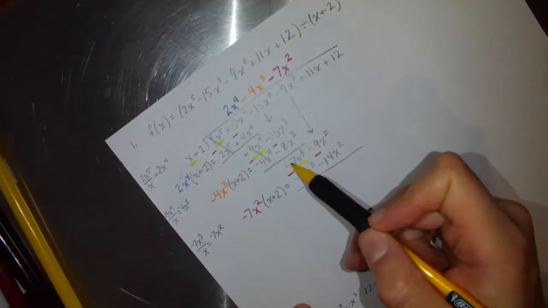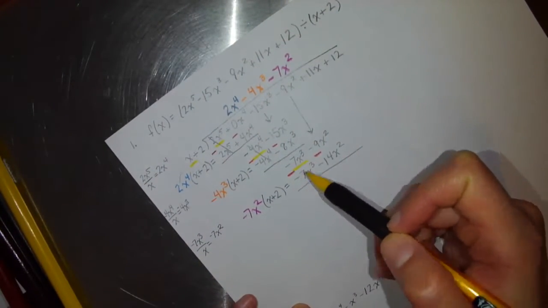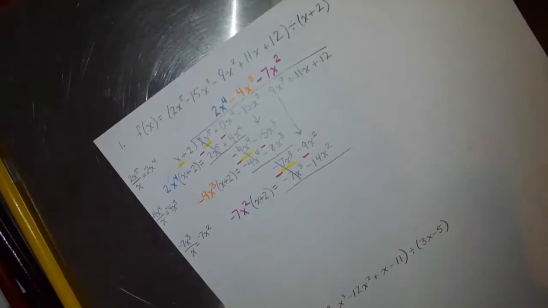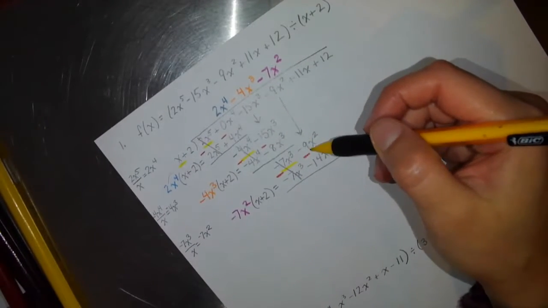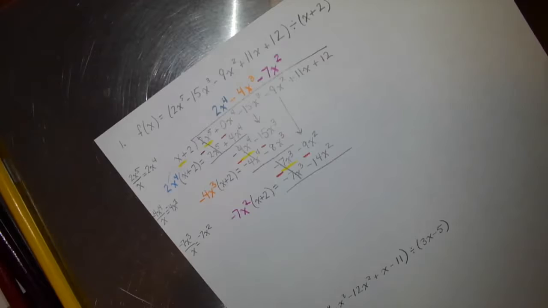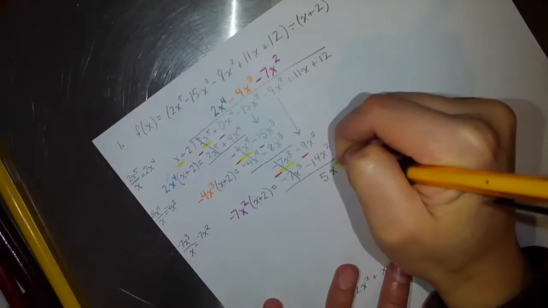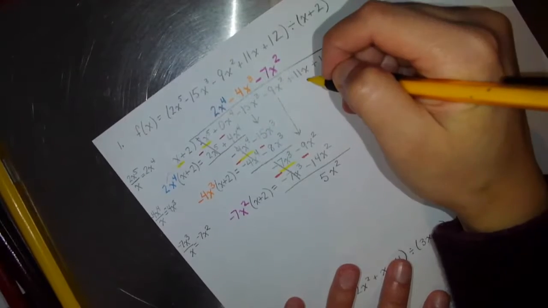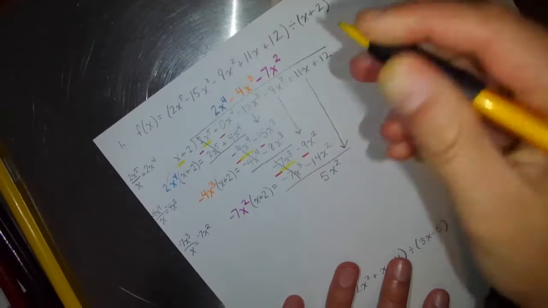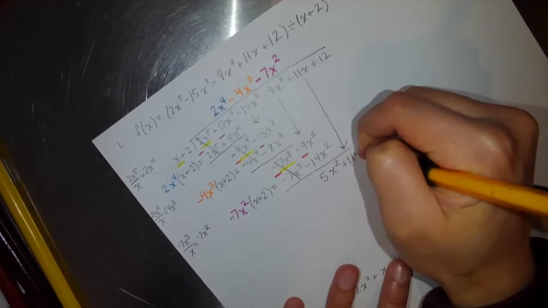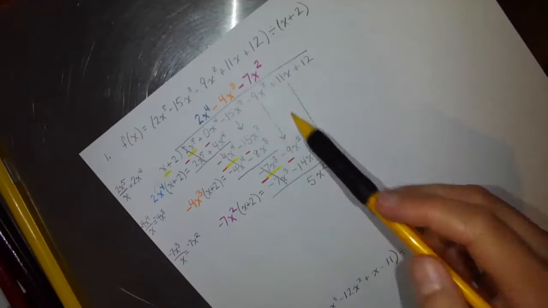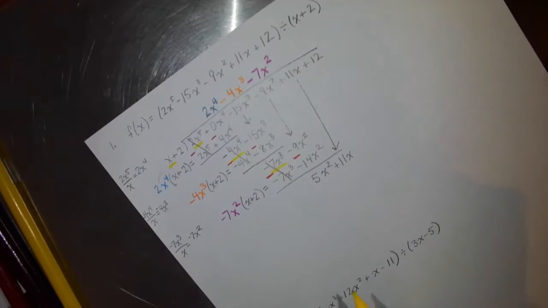Again, negative 7 minus negative, it's like negative 7 plus 7 cancels. Negative 9 minus negative 14 is like negative 9 plus 14. And then bring down your next number. Make sure you include the signs when you bring down these next numbers.